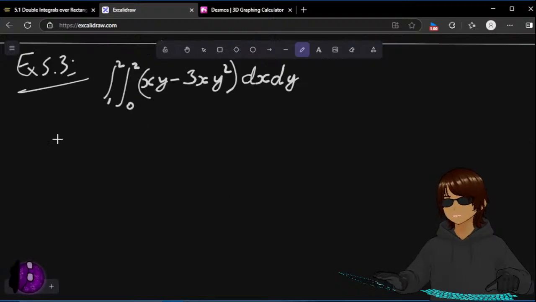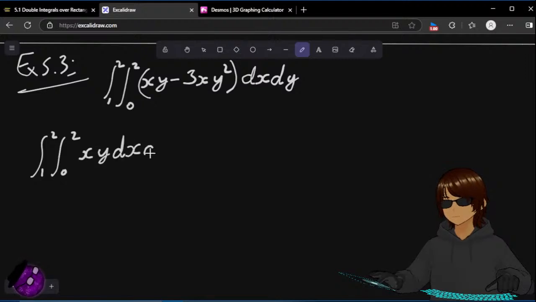So the first property is the sum, over 0 to 2 and 1 to 2. And then we can take the constant out.